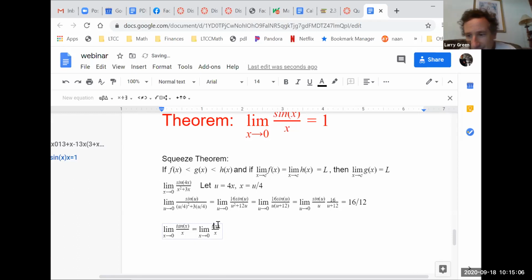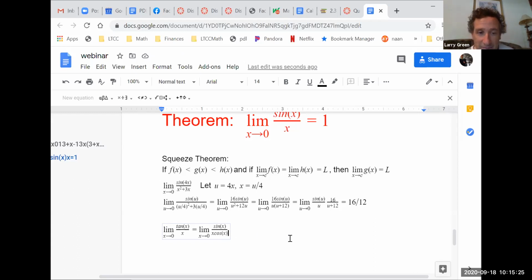Any ideas? I can write tangent as sine over cosine. And sine x over x, as x goes to 0, is 1. Cosine of x, as x goes to 0, is also 1.